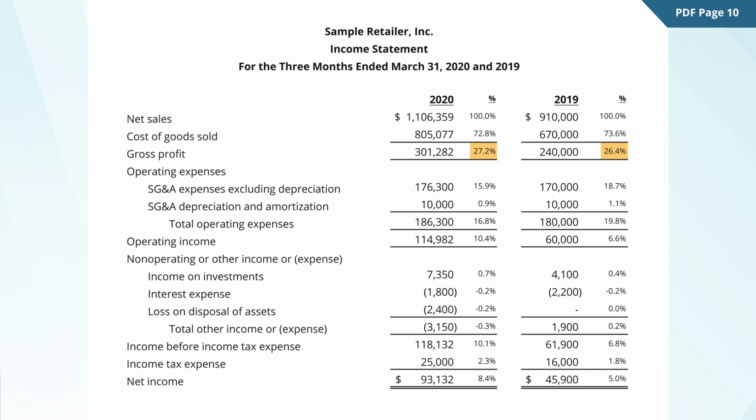So we've improved our gross profit margin. So by having comparative and by having those percentages, the income statement becomes much more useful to the readers.